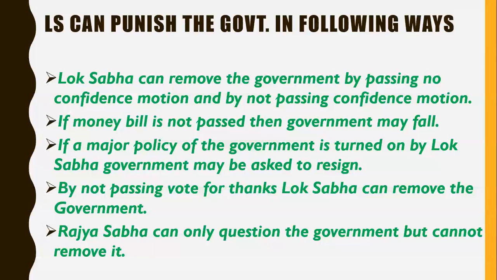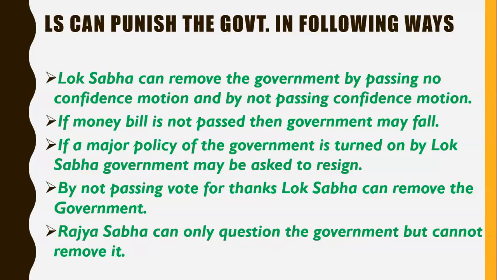Suppose the government presented a money bill in Lok Sabha and it is not passed by the Lok Sabha, then it is assumed that the government does not have the majority in Lok Sabha, or Lok Sabha does not have faith in the government. Then it is the duty of the government to bring the confidence motion.